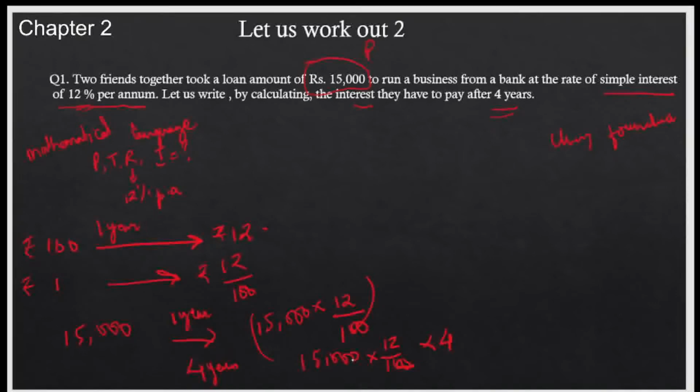So 0 gets cancelled, and it is 150 into 48. Okay, 150 into 48 is 7,200 rupees. So this much is the interest that they need to pay to the bank after 4 years, if the bank is charging them an interest rate of 12% per annum.